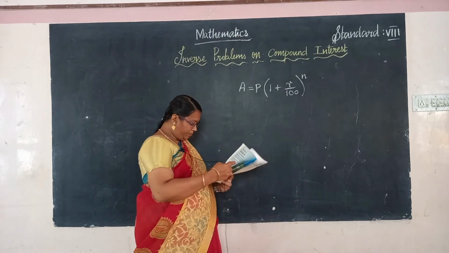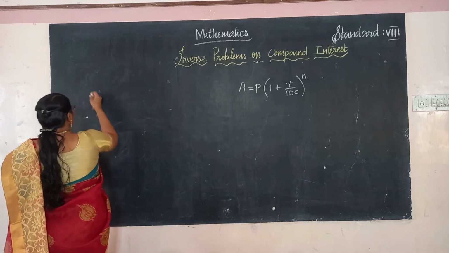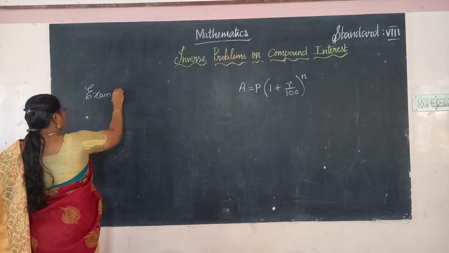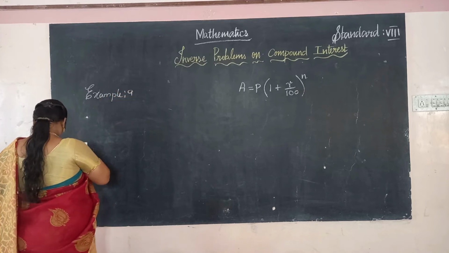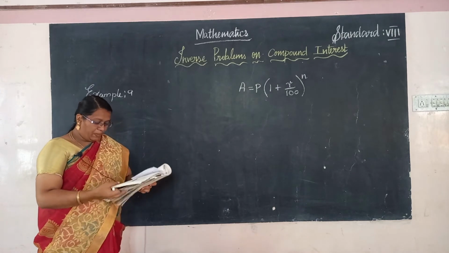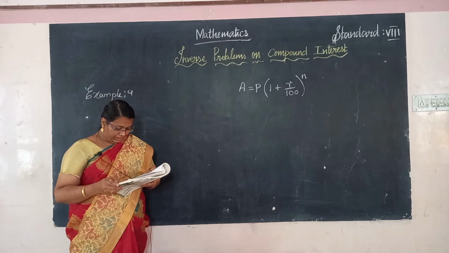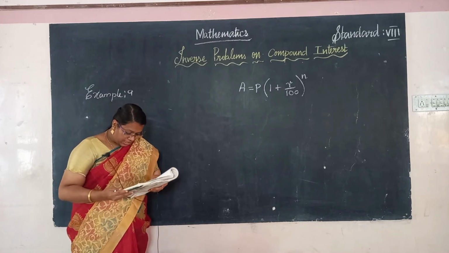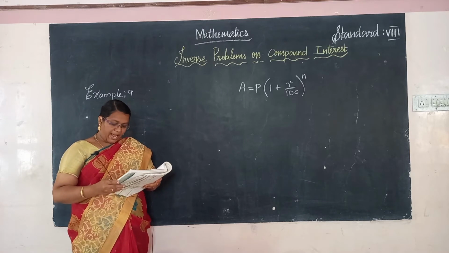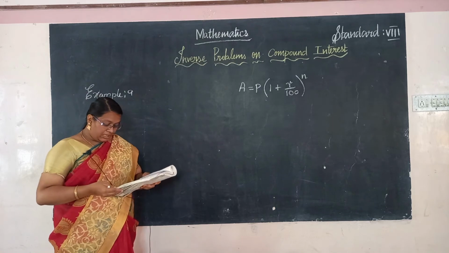Example 9. What sum will become rupees 5,408 after 2 years at 4% per annum when the interest is compounded annually? The compound annually formula everyone knows.